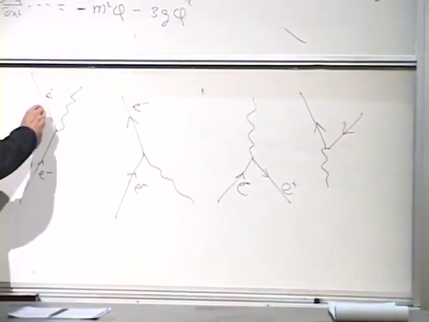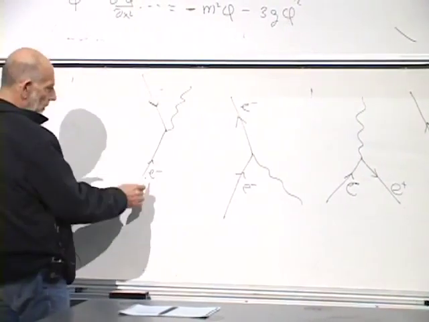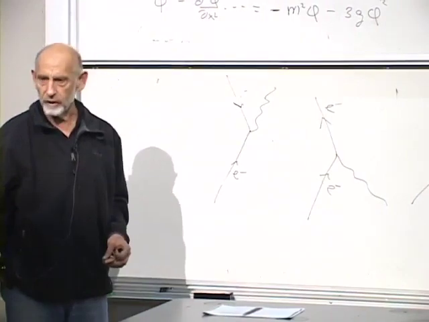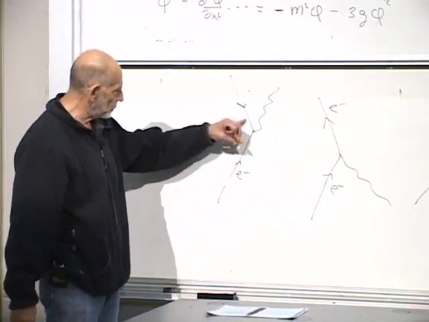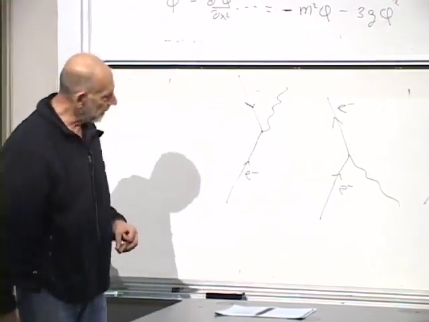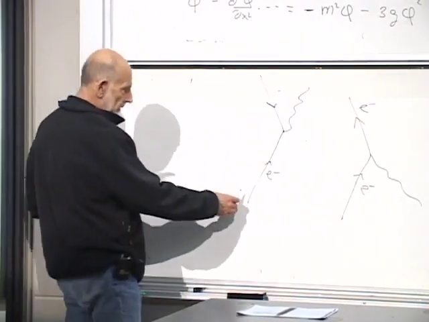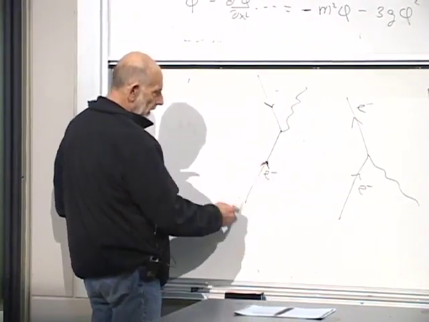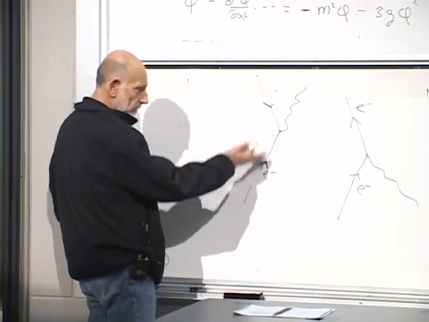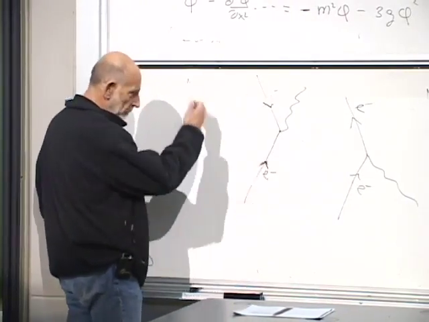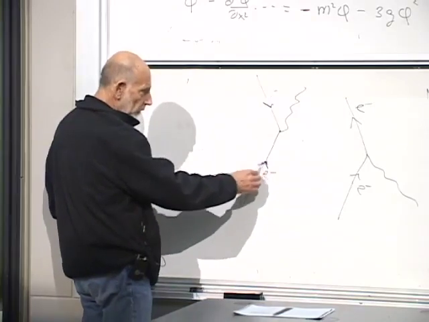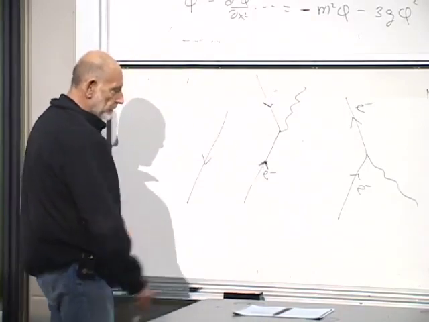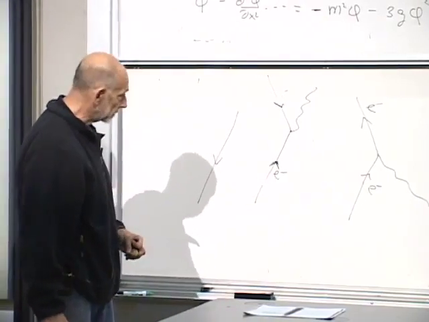If we had a process like this, that would be an electron coming in and a positron going out. No good. Then a negative charge would turn into a positive charge. If we represent the flow of charge by this arrow, then with time upward, an electron would be represented by an arrow going up, and a positron by an arrow going down.